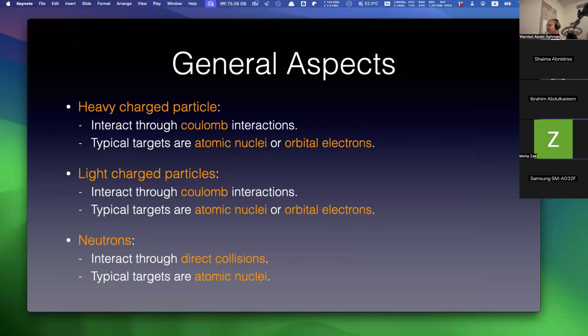Typical targets are atomic nuclei or orbital electrons, similar to heavy charged particles. Neutrons interact through direct collisions. Since they do not have a charge, their interaction is not through Coulomb interactions; they just hit the target directly. The targets for neutrons are usually the atomic nuclei. Electrons are not really a concern for neutrons; it's very negligible. So the big concern for neutrons is their interactions with the atomic nuclei.